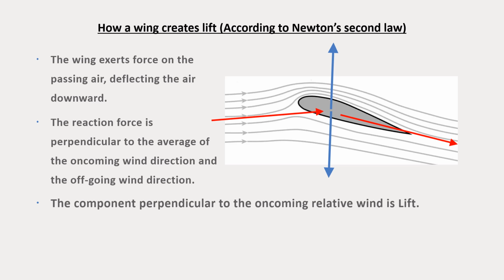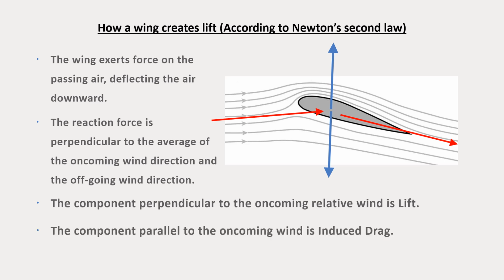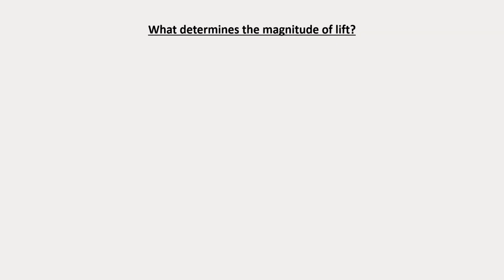The perpendicular component is the lift, because lift is always defined to be the amount of force perpendicular to the relative wind. The little bit of this blue reaction force that is parallel to the oncoming wind, that's called the induced drag. We'll talk about that more later.